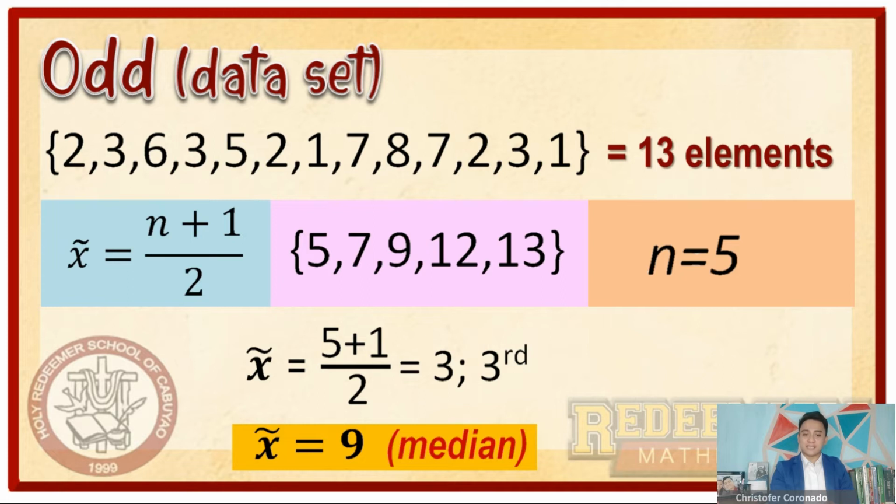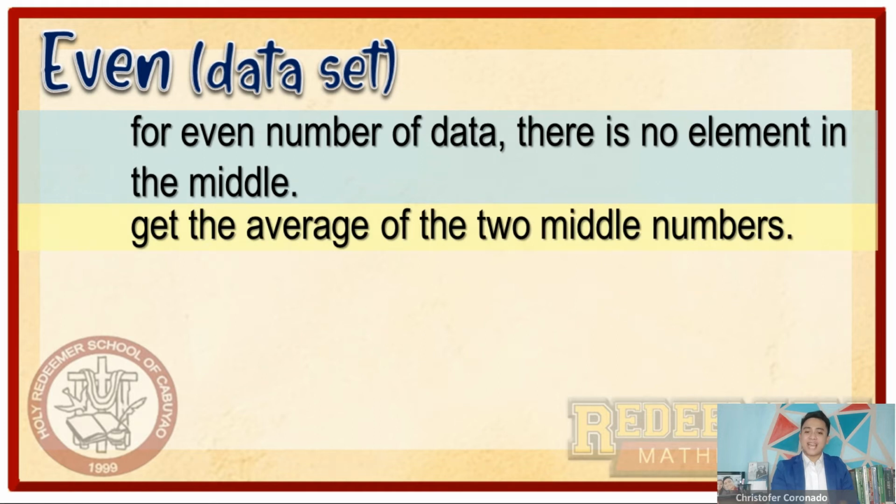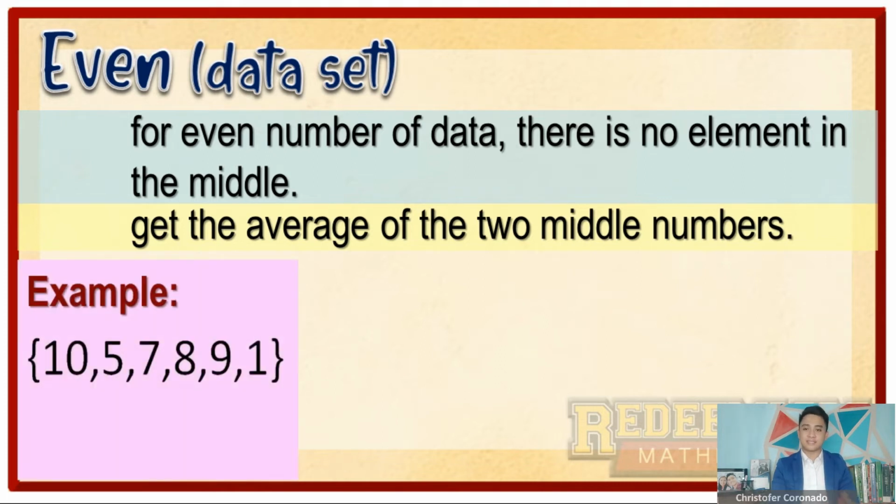Now in cases, if there is no middle number, just like when you are given an even number of data, here we will get the two middle scores and then its average. For example, you are given the data set that contains the numbers 10, 5, 7, 8, 9, and 1. The number of cases is even. There are 6 numbers in the data set.